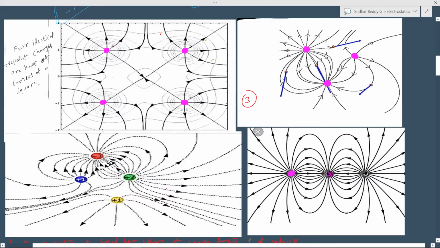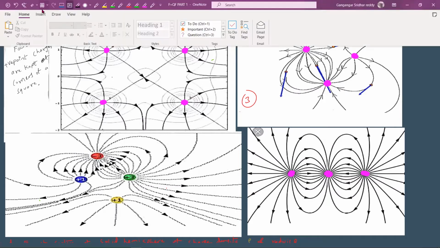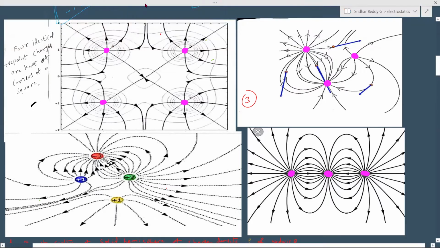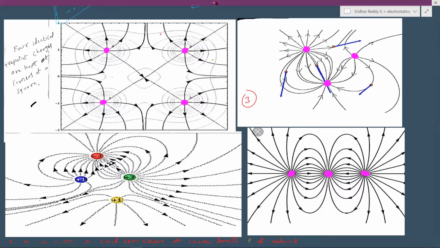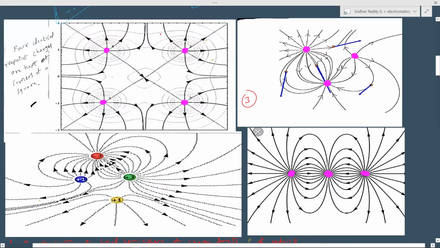Let me then indicate the charge on them. It'll be easy for you, because the charges are not being indicated. Positive charge. Okay, now clear. Everything is visible clearly.